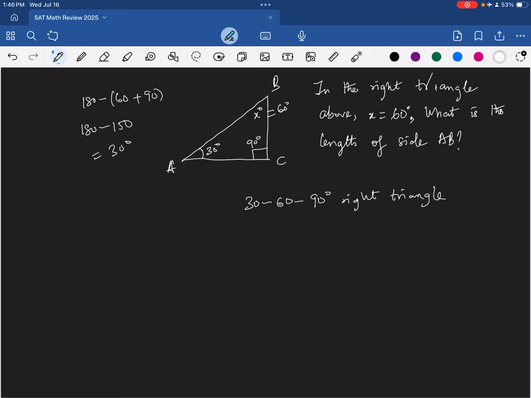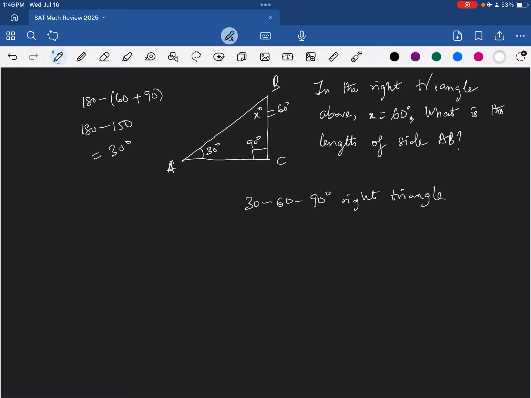Knowing the ratio of the lengths of the sides, you will be able to solve any 30, 60, 90 right triangle on the SAT.